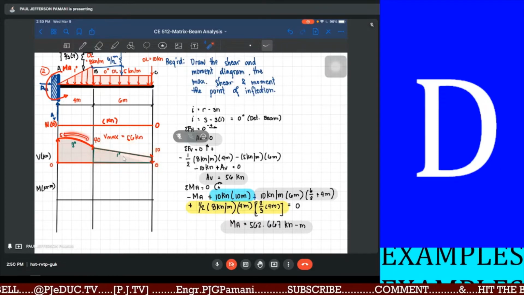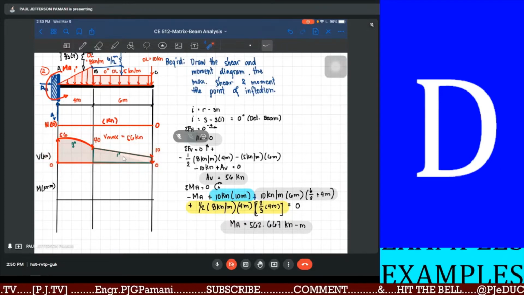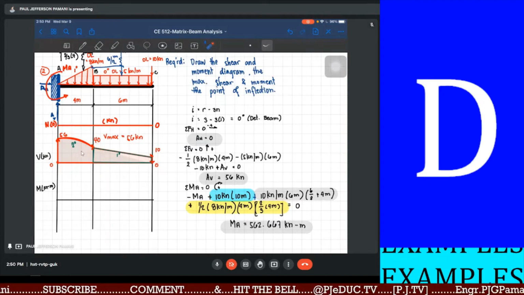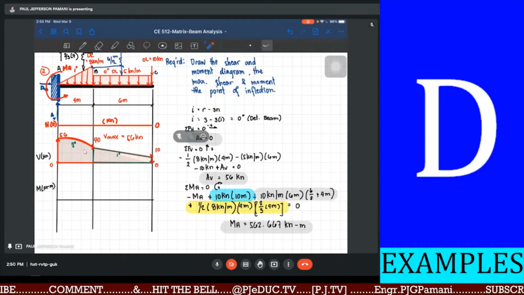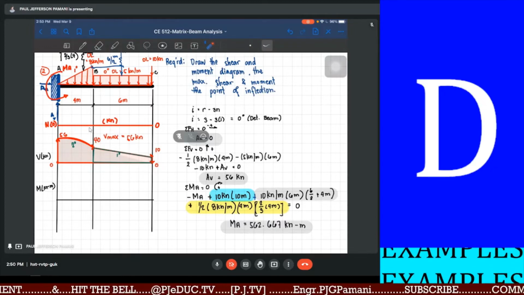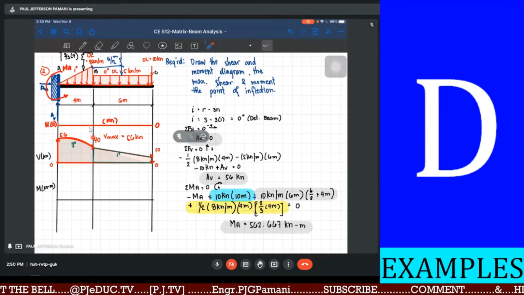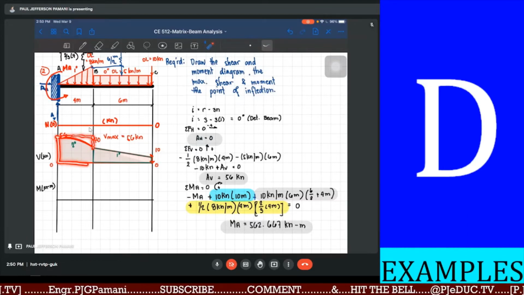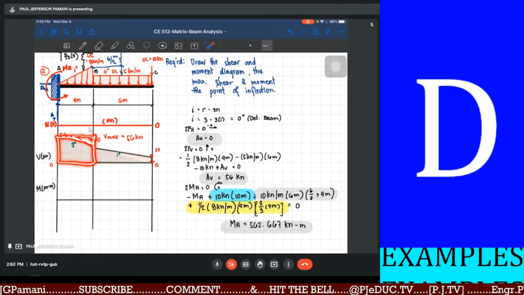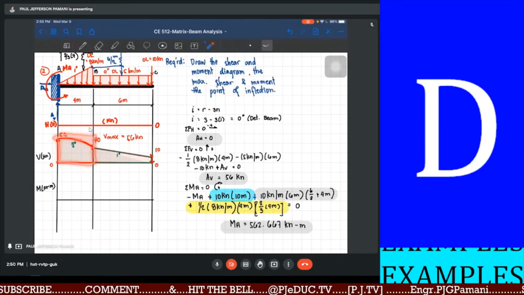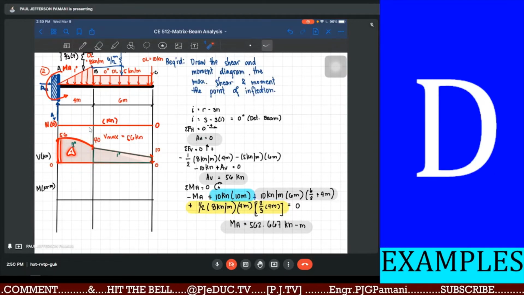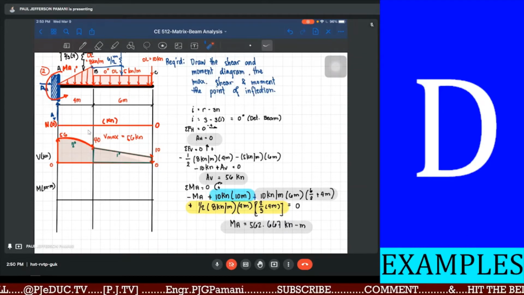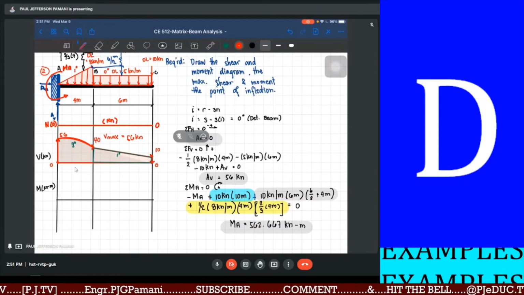But how about this diagram? That is now a parabolic figure with a spandrel. So we can dissect this or assume this section to be a whole rectangular section. Then subtract the spandrel section over here to solve the area of this part. How are we going to do that? Dissect ko na lang muna. Labas natin yung figure.